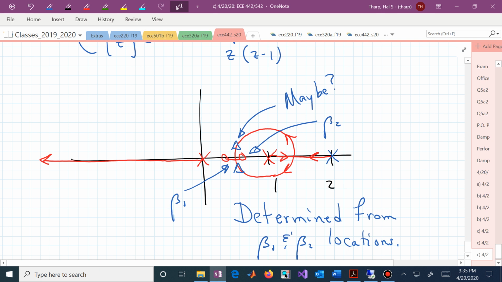We still have steady state accuracy because we have that pole at z equal to 1. We now can achieve maybe better dynamics by the appropriate choice of beta 1 and beta 2. And they could have been complex conjugates. Here we've made them real, and we know how to sketch the root locus because of our 5 rules.